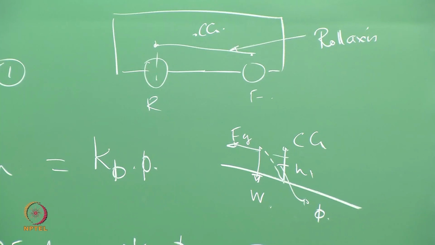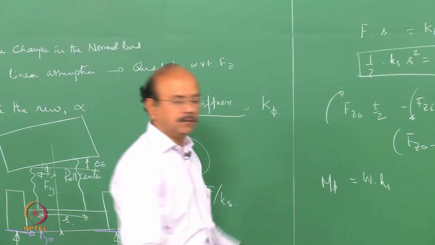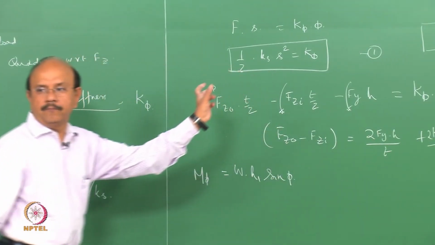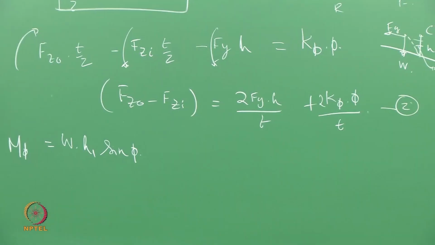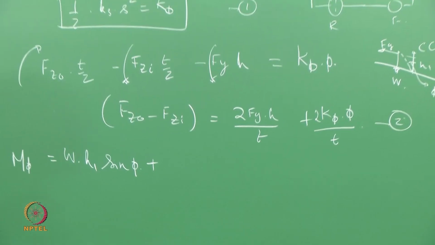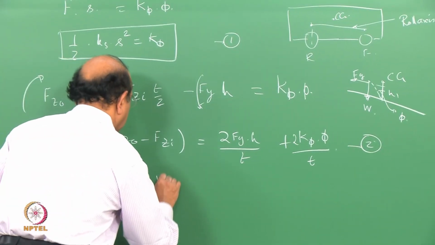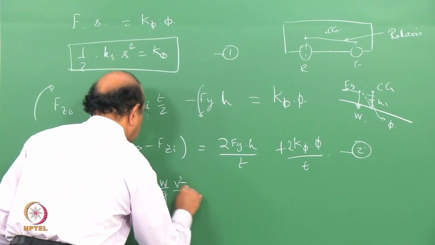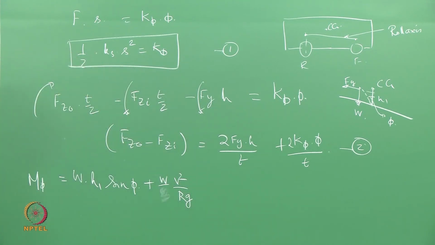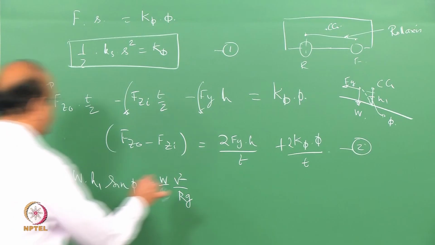W into H1 into sine phi, okay, that's the sine phi, plus Fy, which is mv squared by r, v squared by r. As our practice, we will write it like that, so that that becomes Ay, into cos phi.